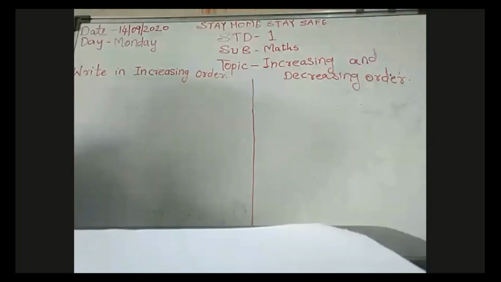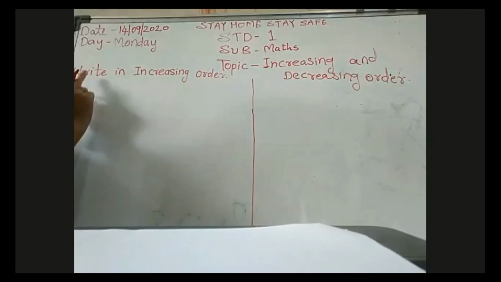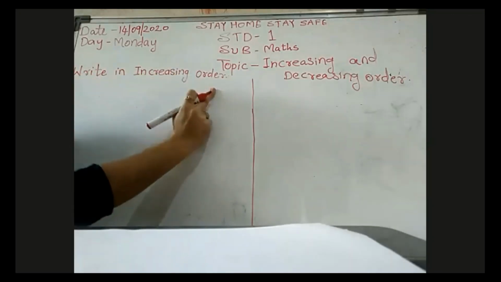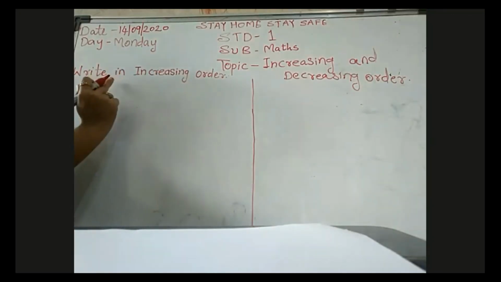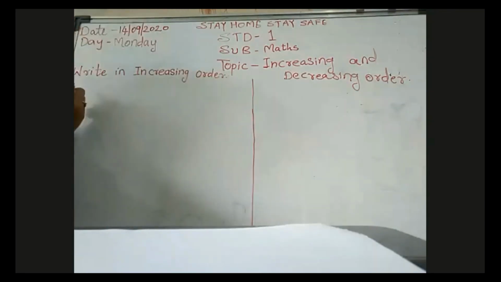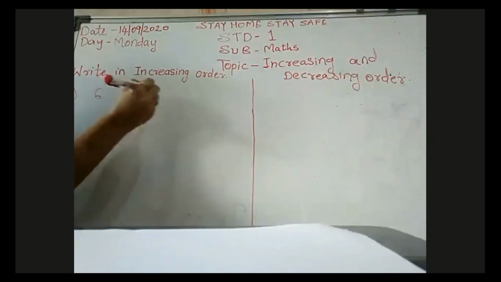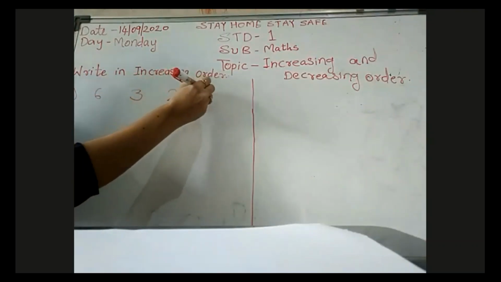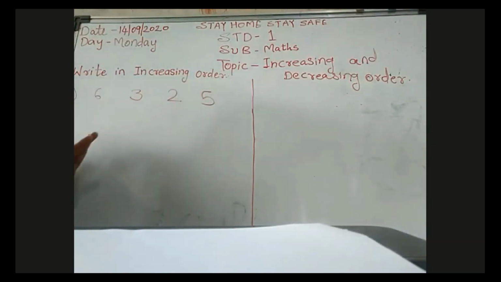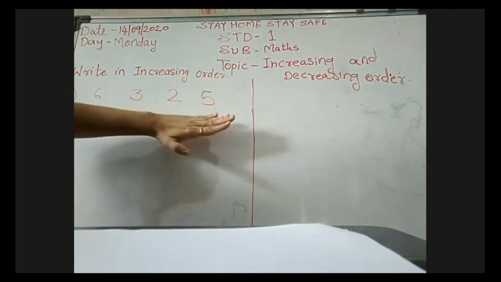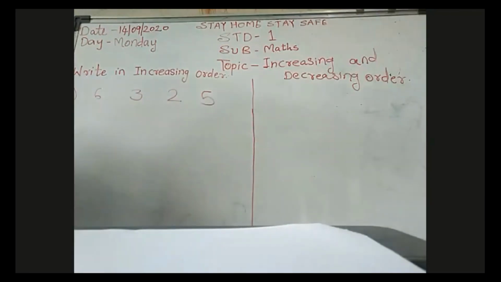Some more examples. See, the question is asked: write in increasing order. Okay, first question, write in increasing order. See, 3, 2, 5. Which number will come first in increasing order?